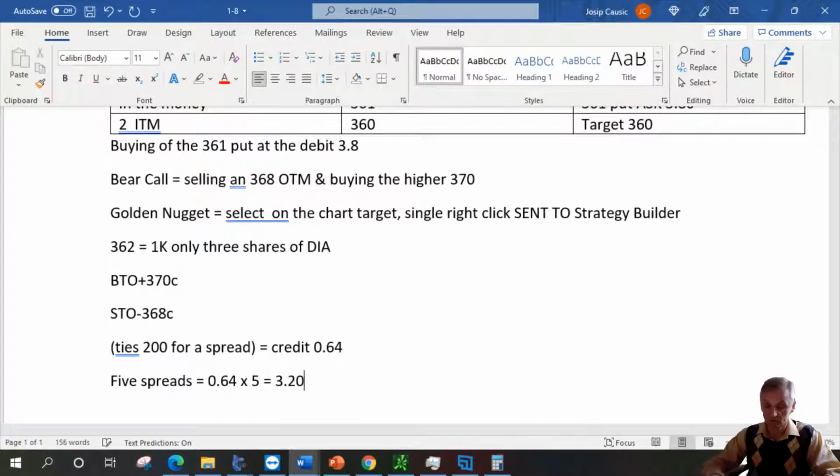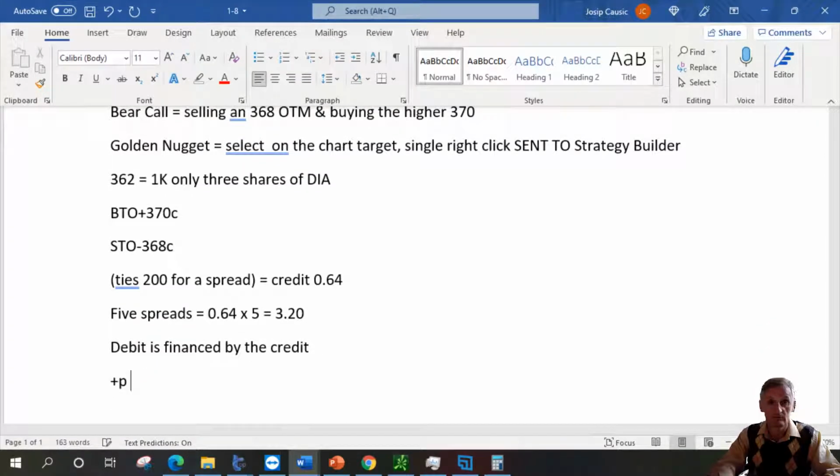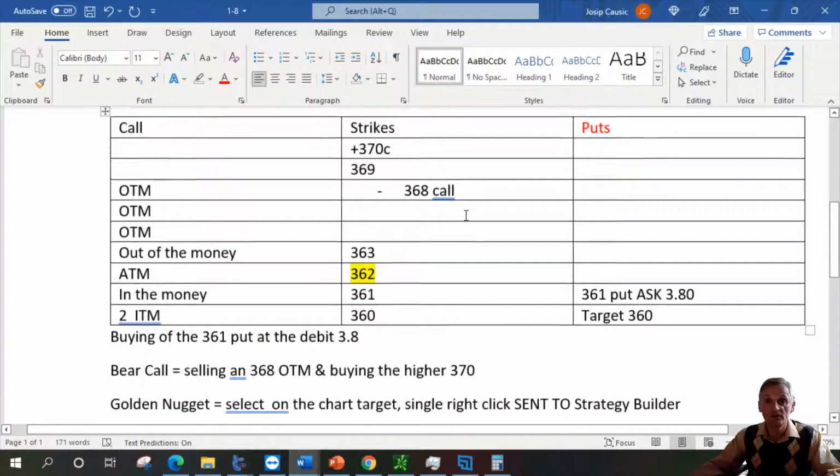So the bottom line, in one sentence, what I'm trying to teach this morning is that my debit is financed by the credit. In other words, my long put is paid for by 5 bear call spreads that are how many points out of the money?